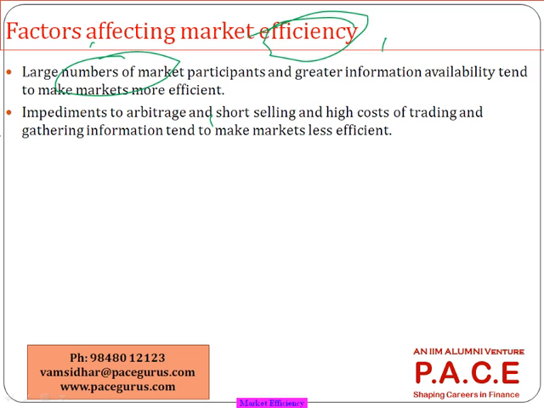So if there are large number of participants, and the information is freely available, probably through media or various sources, we see that in those kind of markets, there is very active liquidity or active trading that is happening, which will lead to great efficiency in the market.